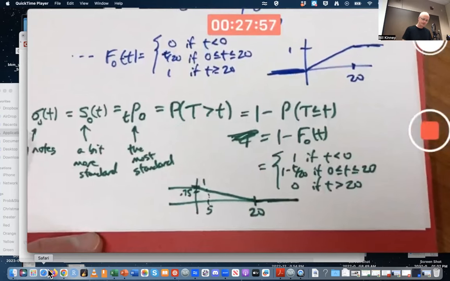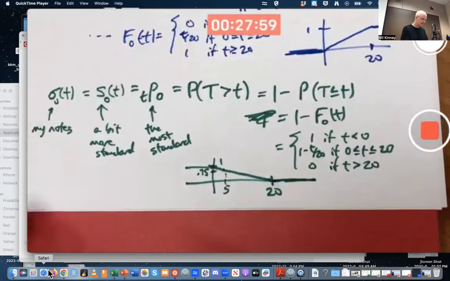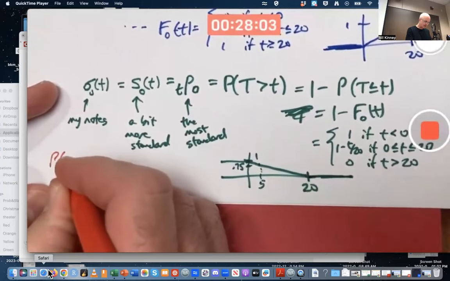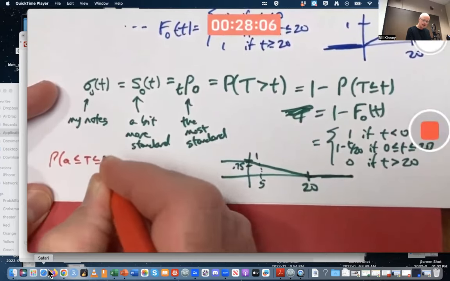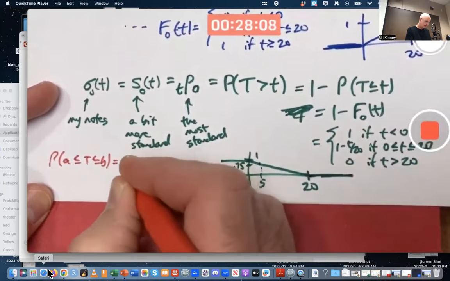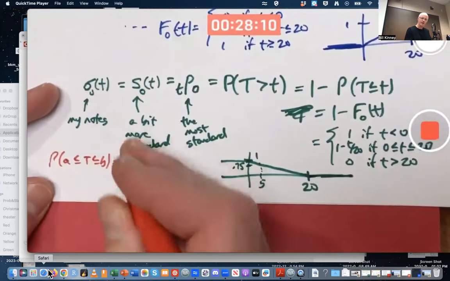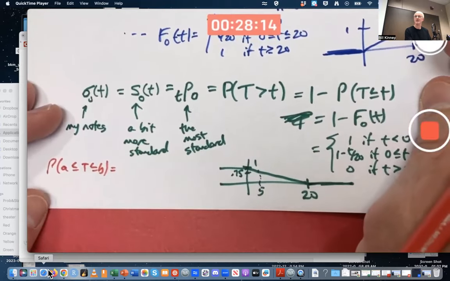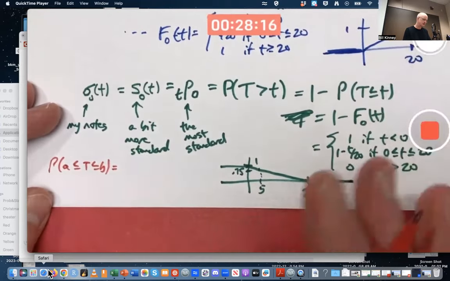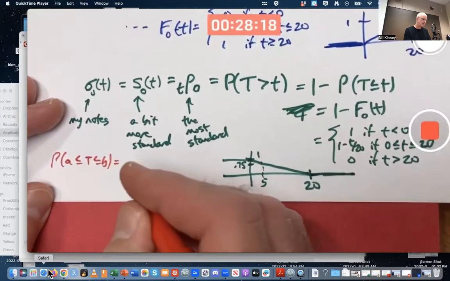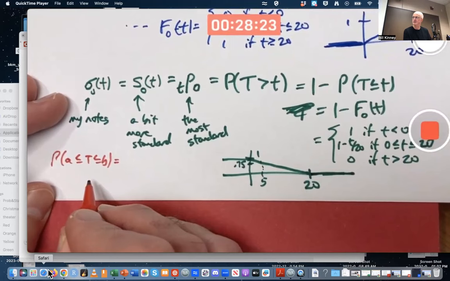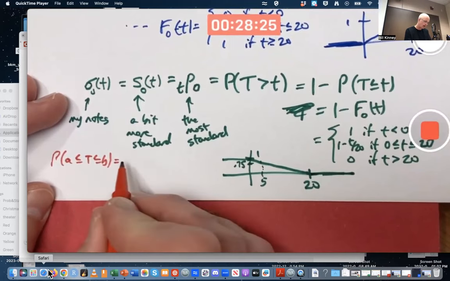Do notice then that, for example, if you're computing the probability that t is between A and B, and maybe I should call t really t sub 0. Oh, okay, that's too many subscripts. I could call a capital T t sub 0 to be consistent with all this notation, but I won't bother.